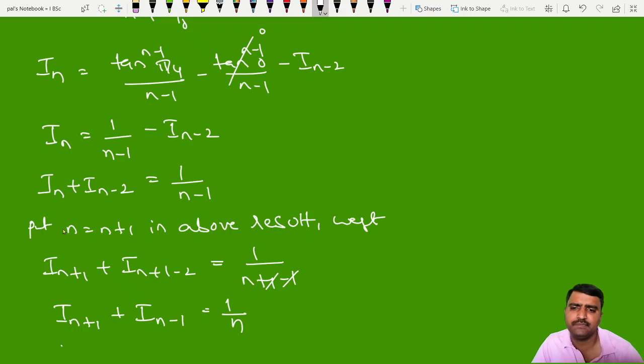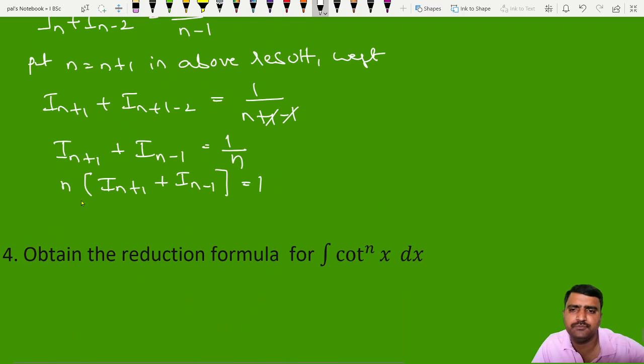Take n, cross multiplication. N into in plus 1 plus in minus 1 is equal to 1. Actually this is the result we need to prove.